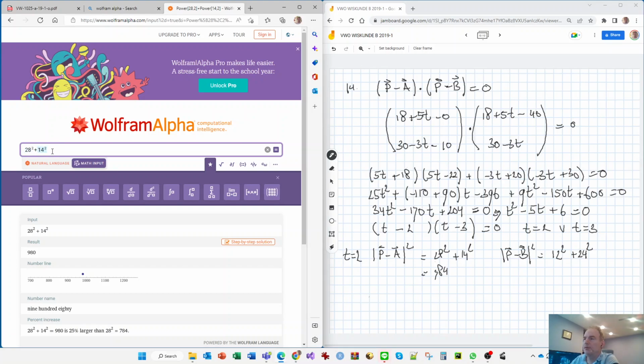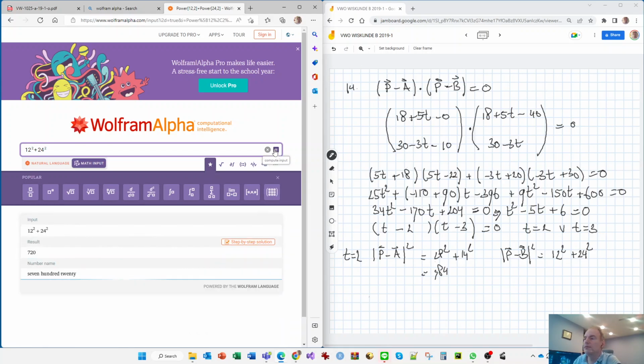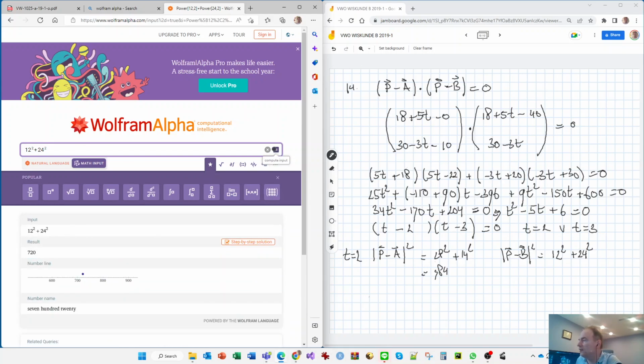I think most of you probably can already tell immediately. 12 squared plus 24 squared, 720. So these sides are not equal.